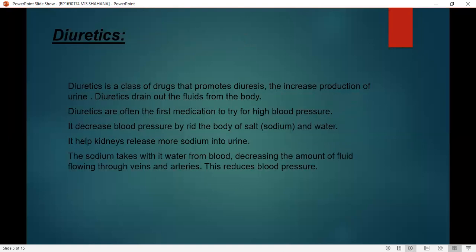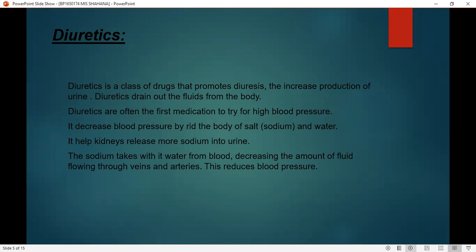As we all know, there are several drug classes for the management and treatment of hypertension. Diuretics are one of them. Diuretics are a class of drug that promotes diuresis, the increased production of urine.